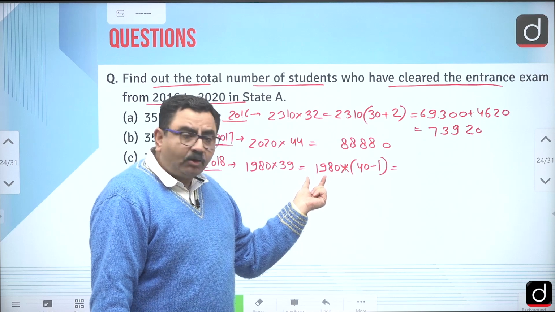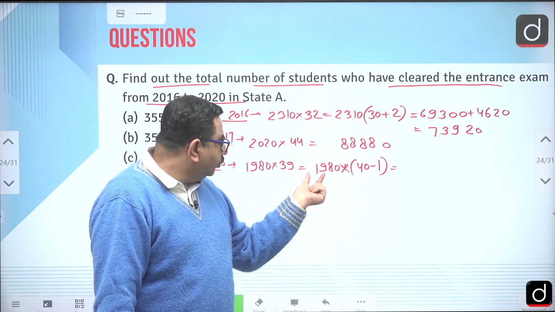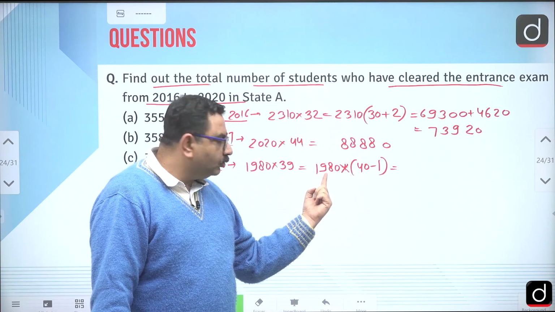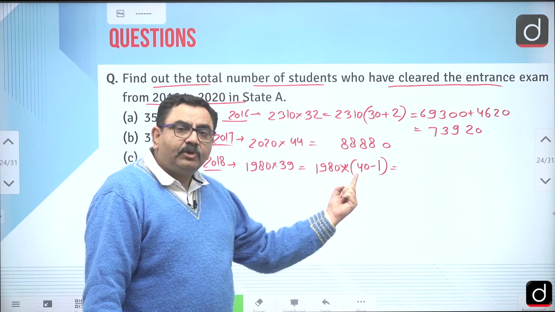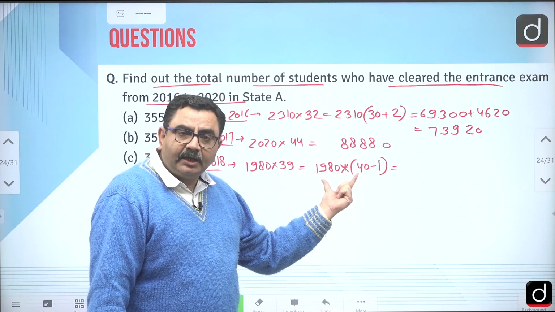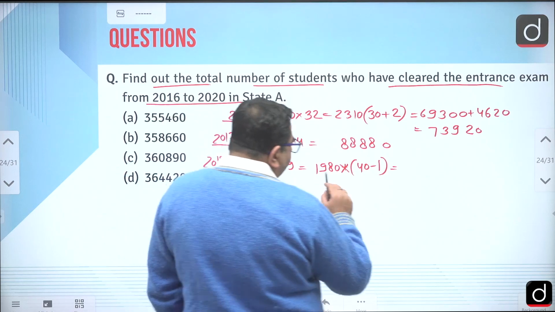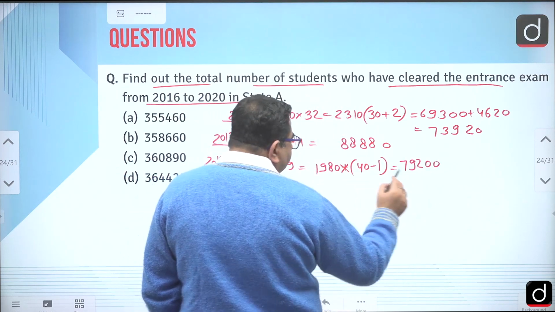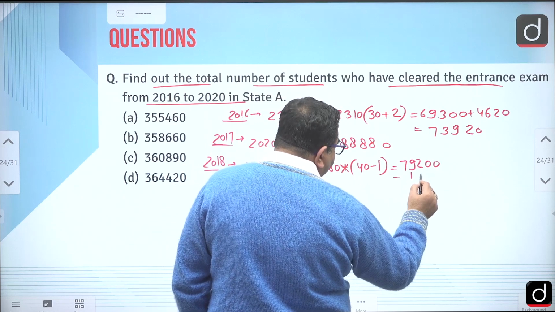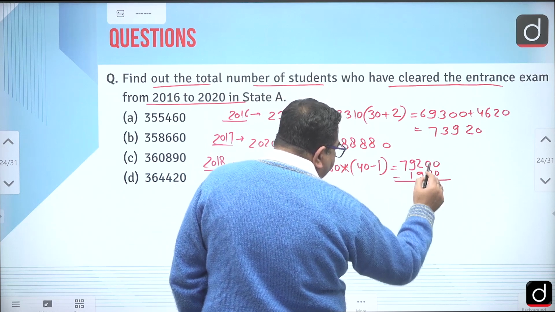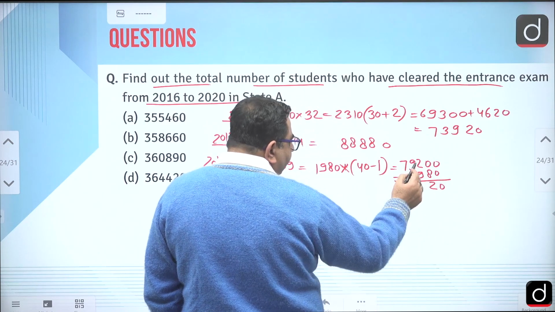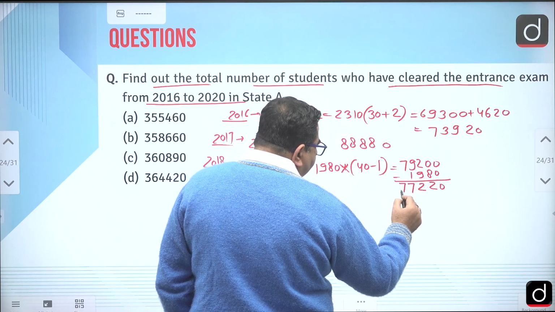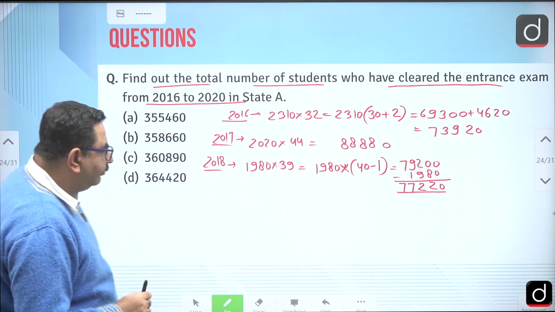We have to think what if it would have been 200. 200 into 4 is 800, and then from every 200 we have to subtract 2. So 2 into 4, 8 we have to subtract from 800. So 800 minus 8 is 792,000, minus 1980. So this is again 0, and 11 minus 9 is 2, 8 minus 1 is 7, and this is 7. So this is another data we can have, right?